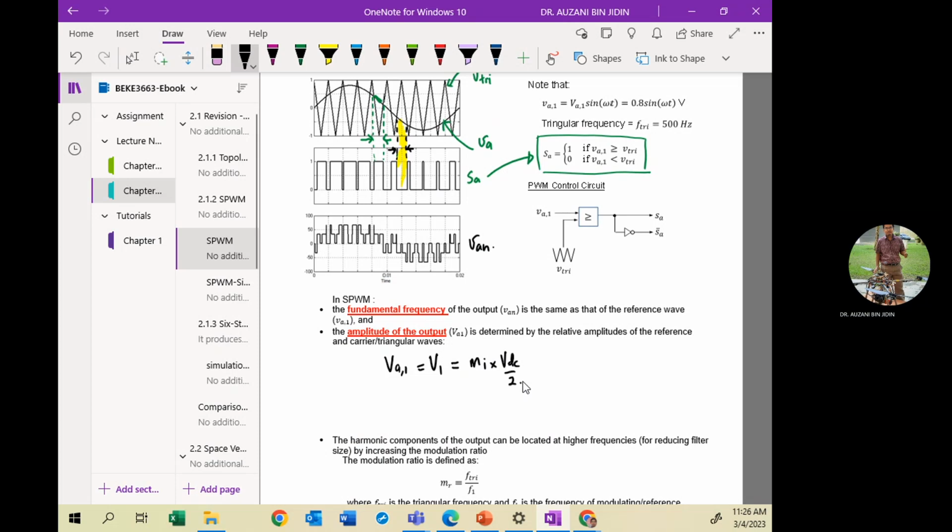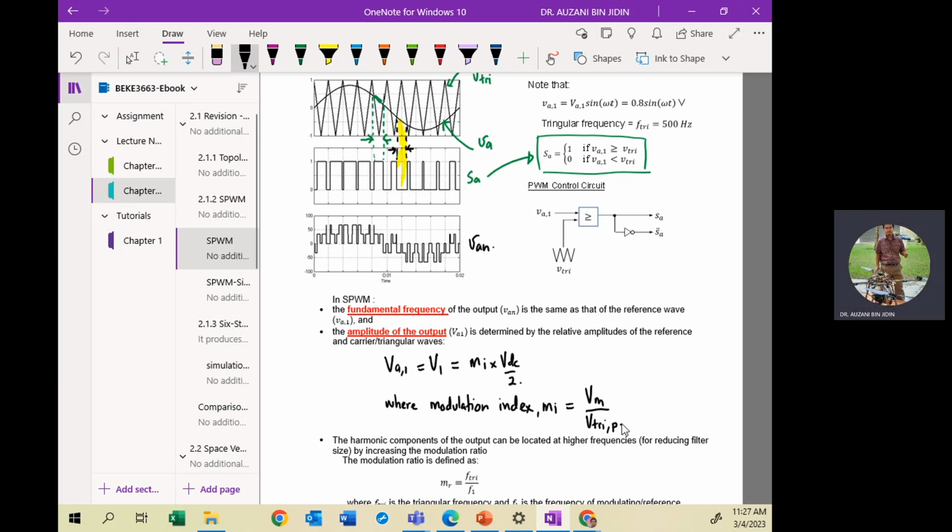MI is the modulation index, where the modulation index MI is the ratio between the peak of the modulating signal, VM, divided by the peak of the triangular.